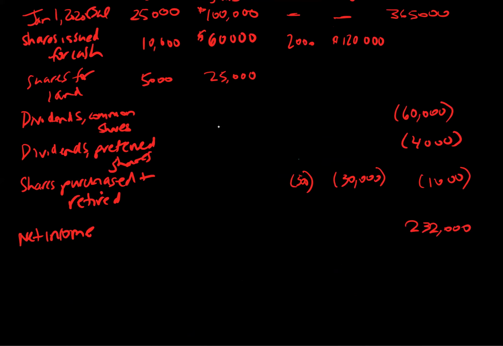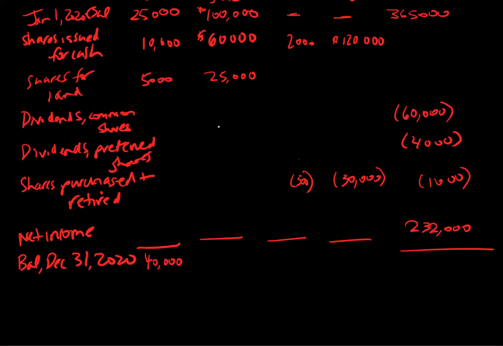So what we're going to do then is we're going to have the balance, December 31st, 2020. And this is simply going to sum up each of these columns. So the number of shares total is 40,000. The value of the common share equity is 185,000.